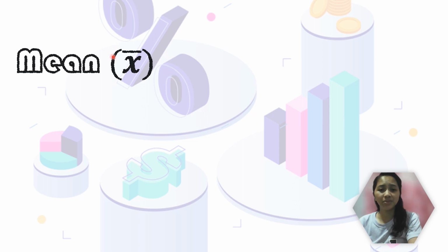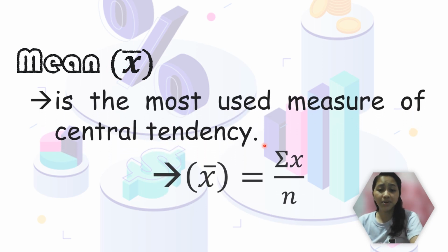For mean, the symbol to be used is X bar. Again, for mean, X bar. It is the most used measure of central tendency. The formula to be used is: mean is equal to summation of X over N. Remember, average is another term for mean. Again, average is another term for mean.